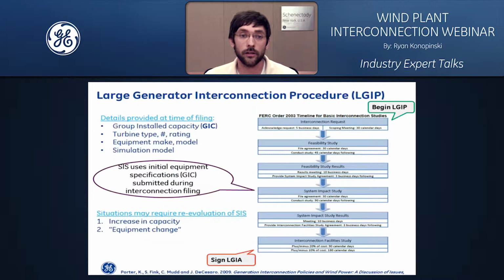Order 888 provided some initial guidelines for non-discriminatory transmission access, and then in the following year, Order 889, FERC put in place a rule that introduced the web-based open access policy, OASIS, which again further promoted additional market competition.